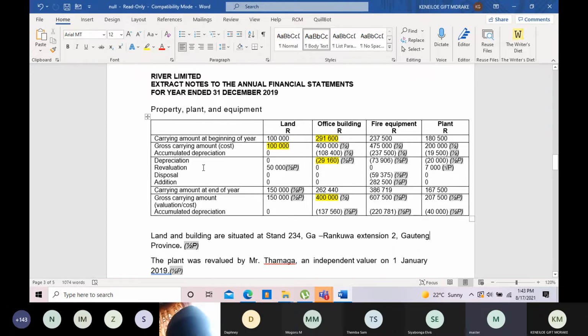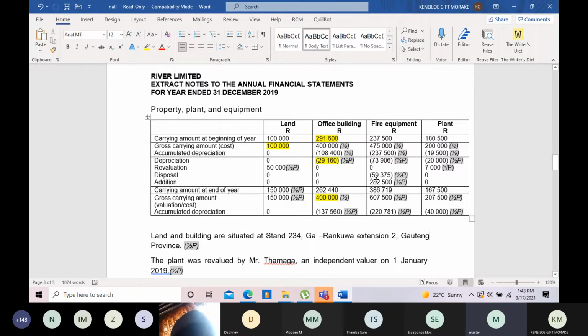So it is the accumulated depreciation at the beginning divided by this amount of depreciation. When you say 475,000 multiplied by 12.5%, you get 59,375. To get the 4 years, you divide the accumulated depreciation of 237,500 by the 59,375.